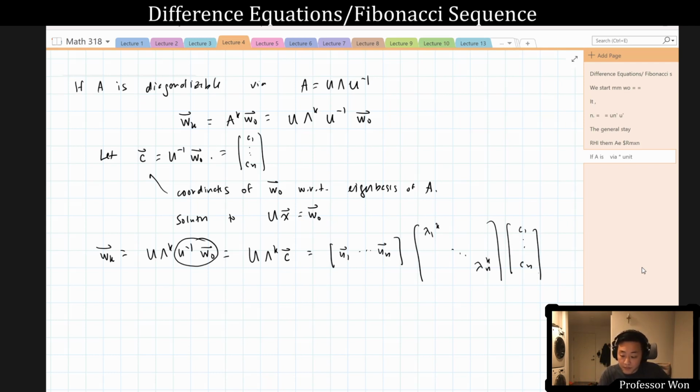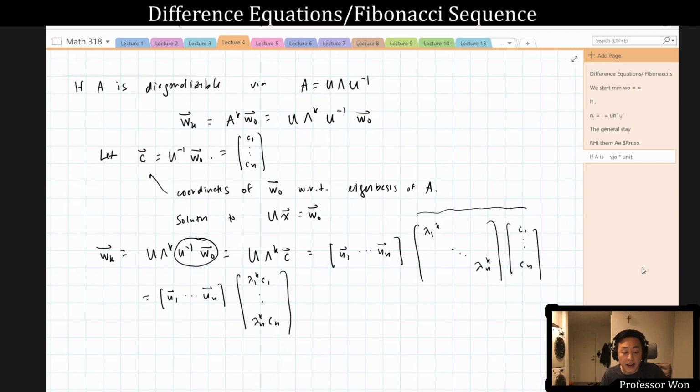Well, this multiplication on the left here is easy to do because it's a diagonal matrix. So this is this matrix, again, those are the columns, times lambda_1 to the k c_1 down to lambda_n to the k c_n. That's how you do a multiplication by a diagonal matrix.